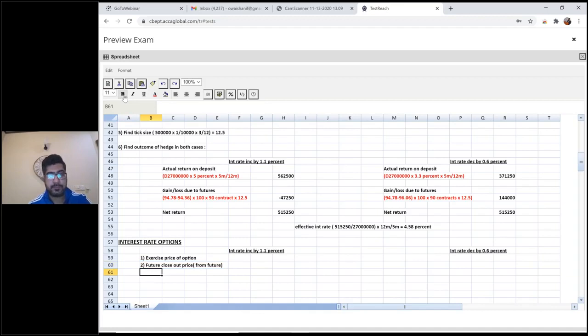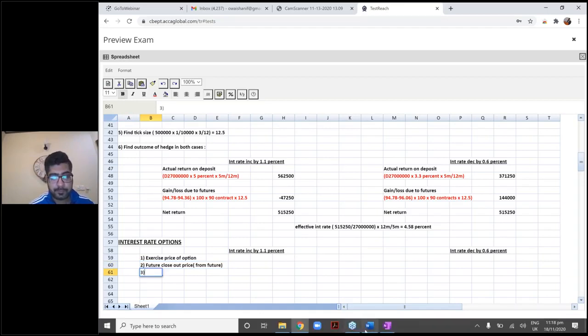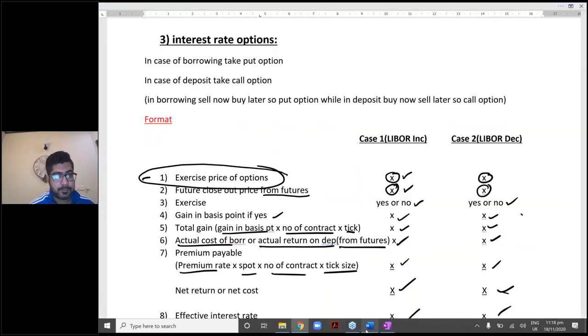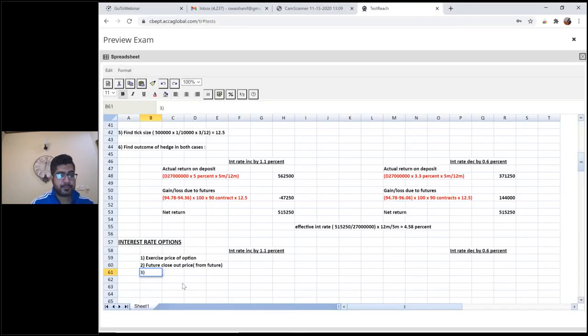Then third, exercise yes or no, gain in basis points if yes.